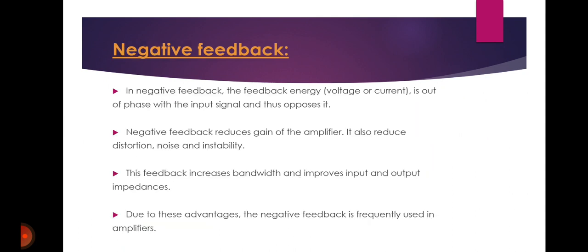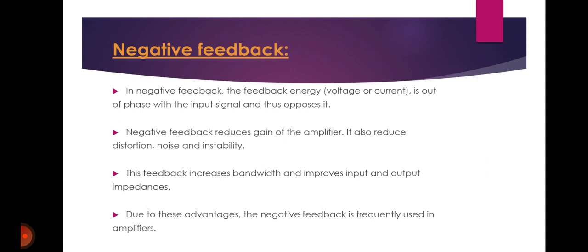Then next is negative feedback. In negative feedback, the feedback energy, that is voltage or current, is out of phase with the input signal and thus opposes it. Negative feedback reduces the gain of the amplifier. It also reduces distortion, noise and instability.